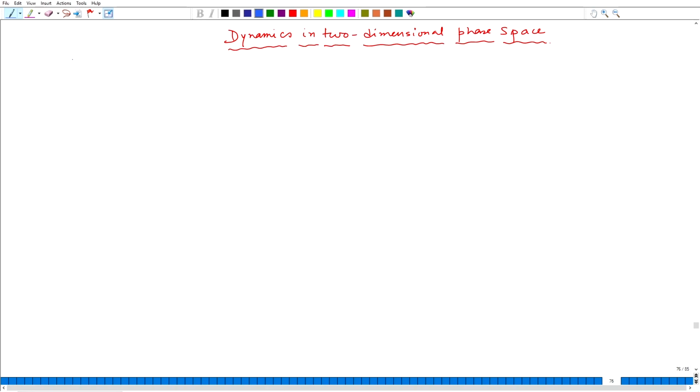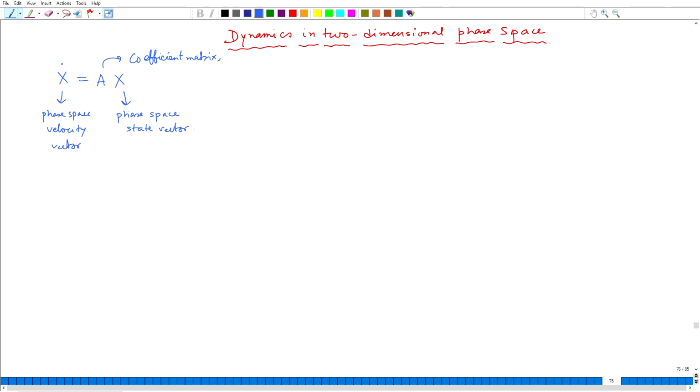So, in the previous lecture we have already showed that if you have a linearized system of equations in 2D phase space, which is given by x dot equal to A x, where A is the coefficient matrix and x dot is the phase space velocity vector and x is the phase space state vector.